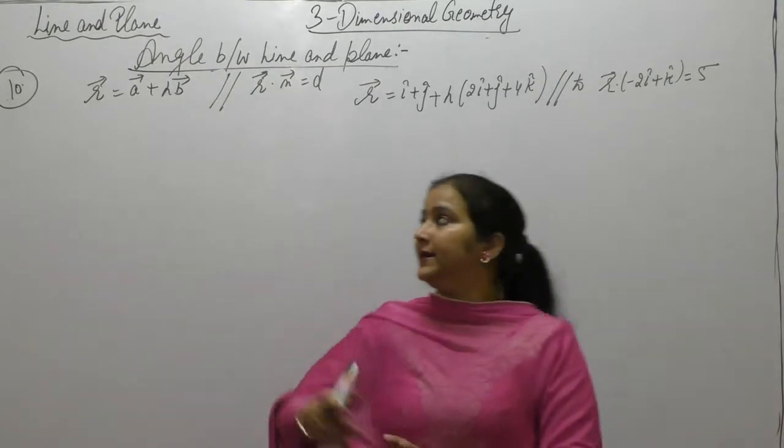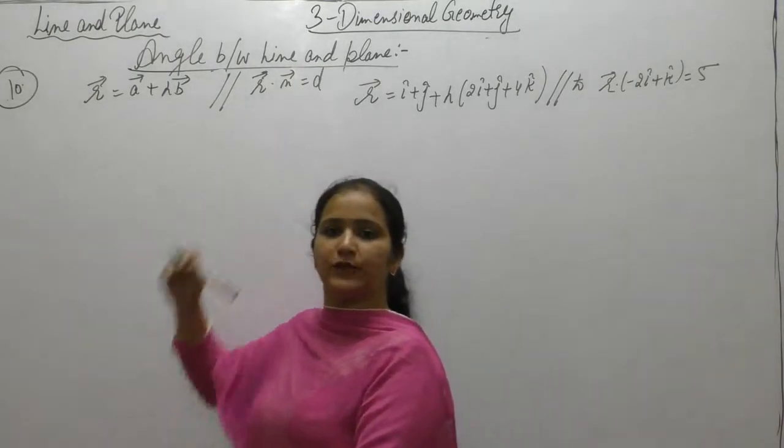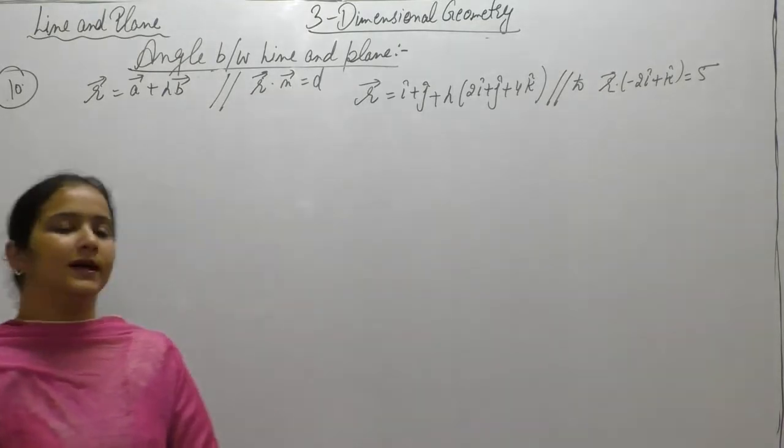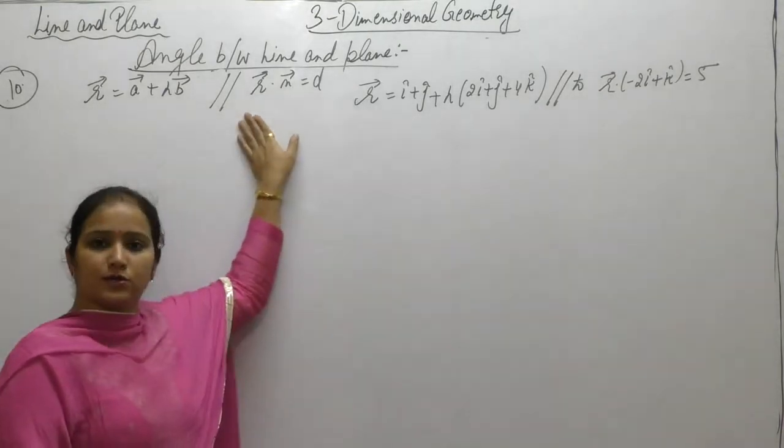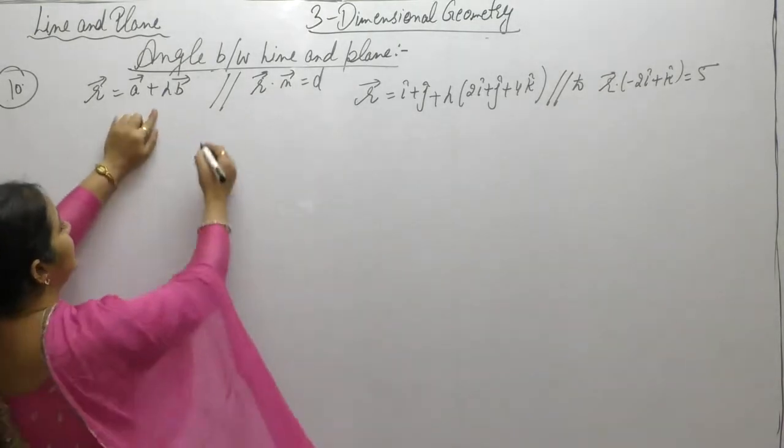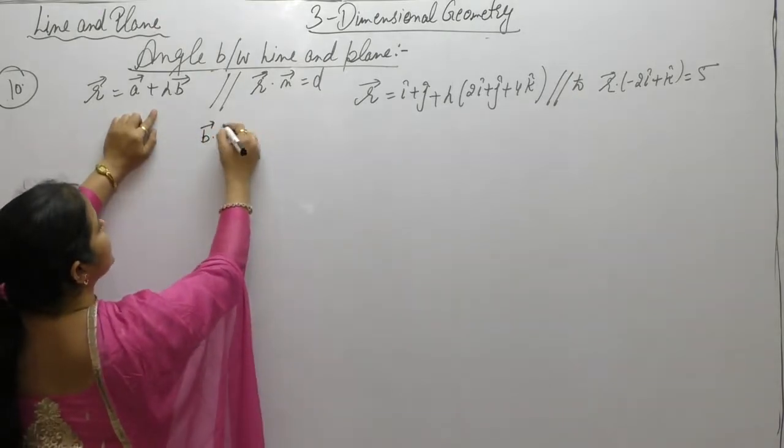Now we know that if the line is parallel to the plane, it means it is perpendicular to its normal, that is b dot n equals 0.